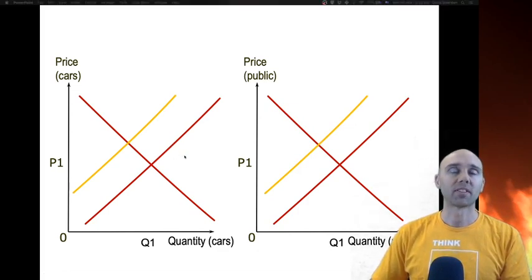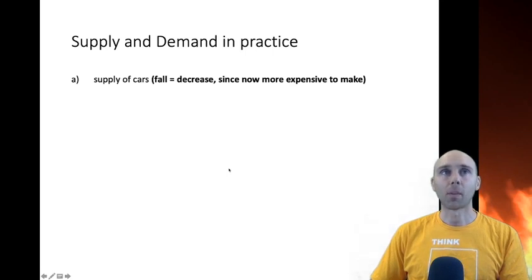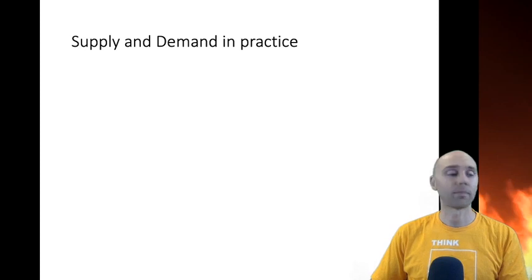And that should help us to answer at least the first couple of questions relatively easily. So what do we expect to happen to the supply of cars? Well, we can see from our graph it's going to fall, and that makes sense because they're more expensive to make.